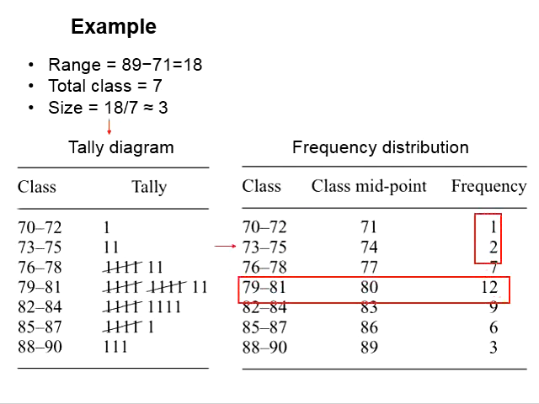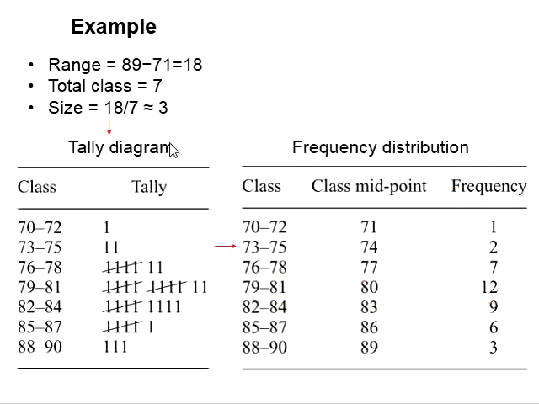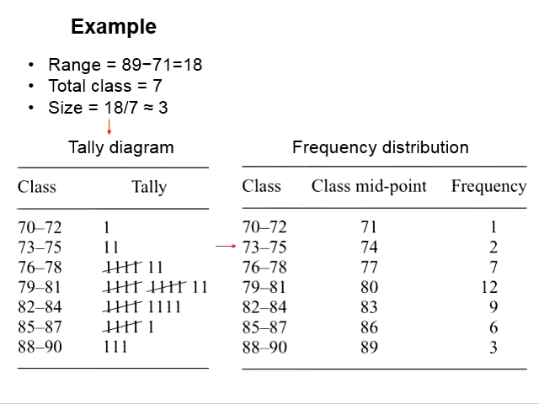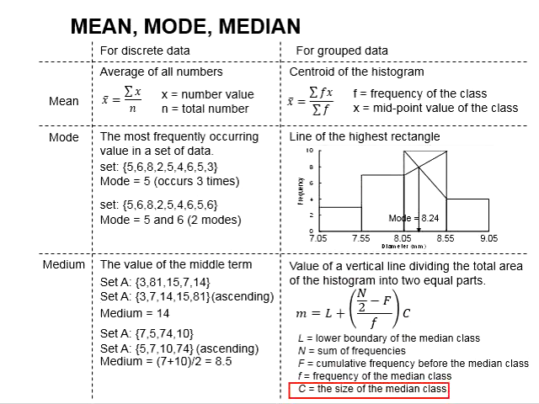The cumulative frequency before the median class will be 1 plus 2 plus 7, which equals 10. Small f here refers to the frequency of the median class. For the median class here, the frequency will be equal to 12. And then the C here refers to the size of the median class, which is obtained by subtracting the lower boundary from the upper boundary.